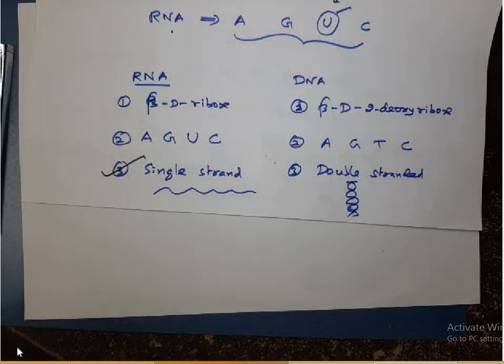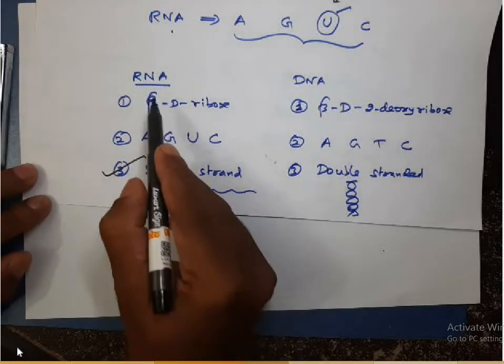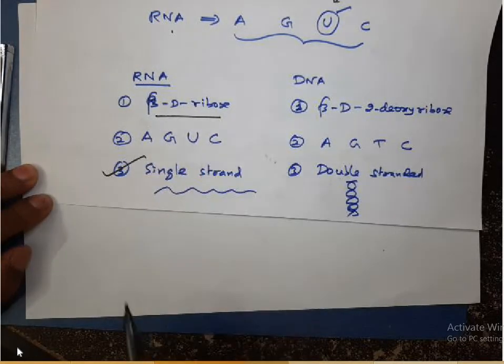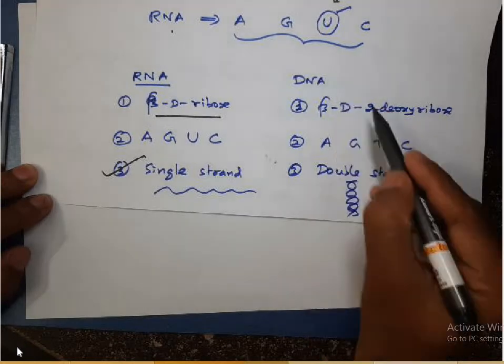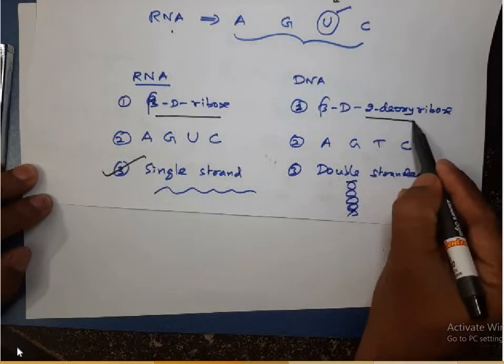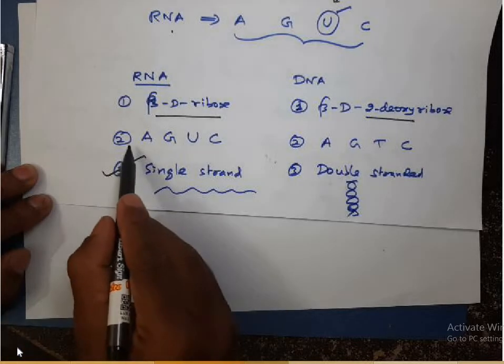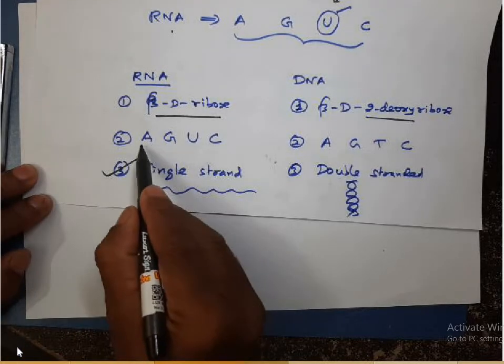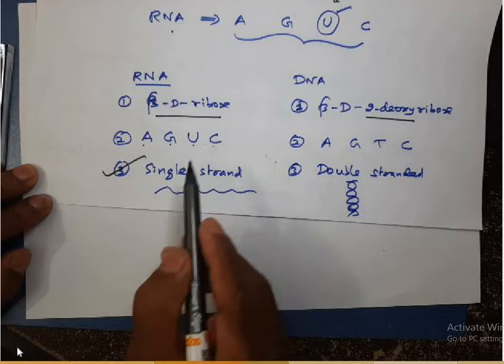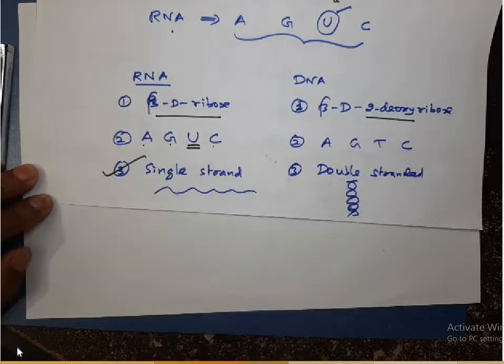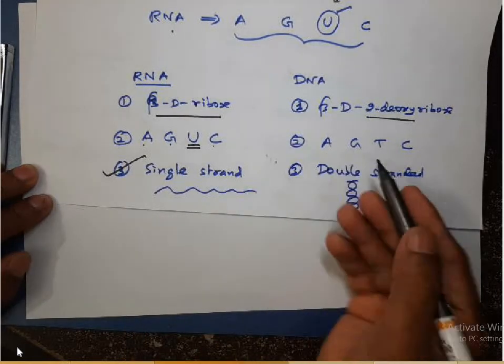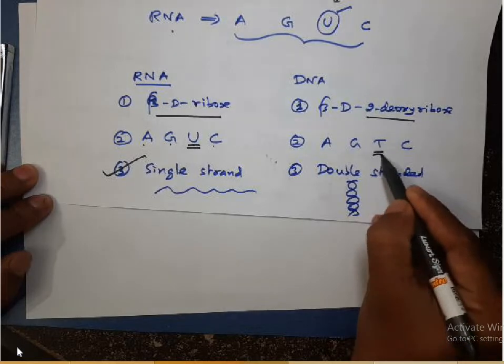Then in RNA we have beta D ribose sugar. In DNA we have beta D 2-deoxyribose sugar. Then the second important point: in RNA we have adenine, guanine, uracil and cytosine. We have uracil here. In DNA, instead of uracil we have thymine. That's all.